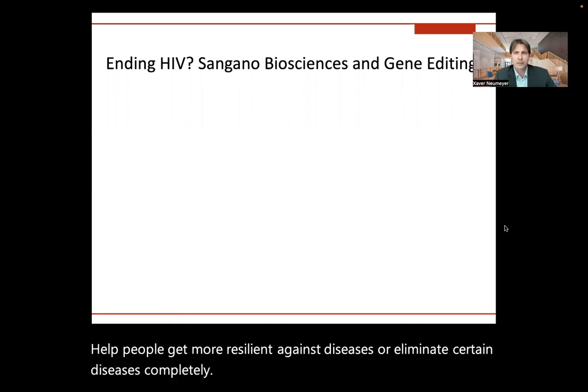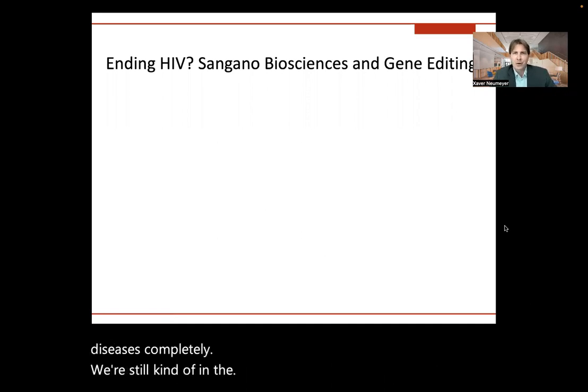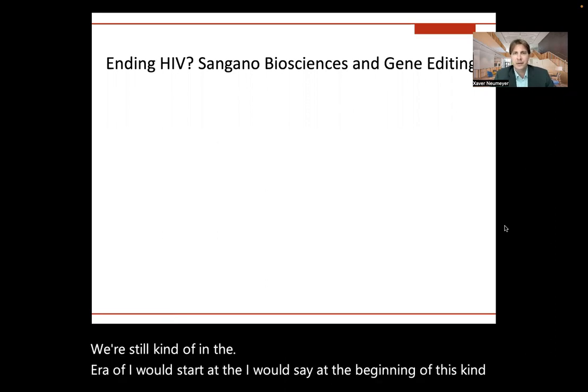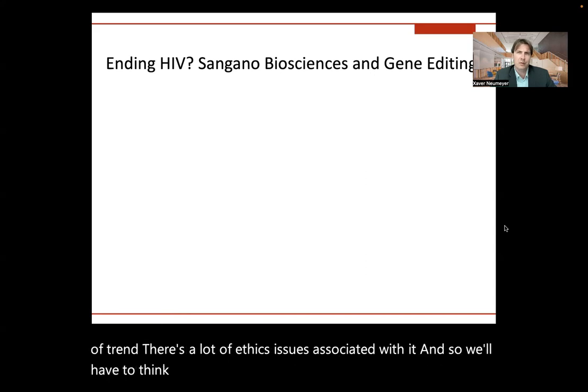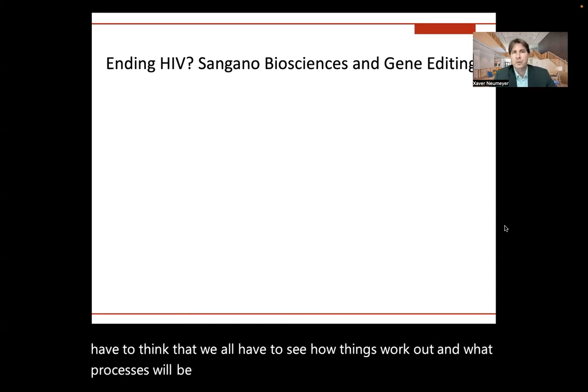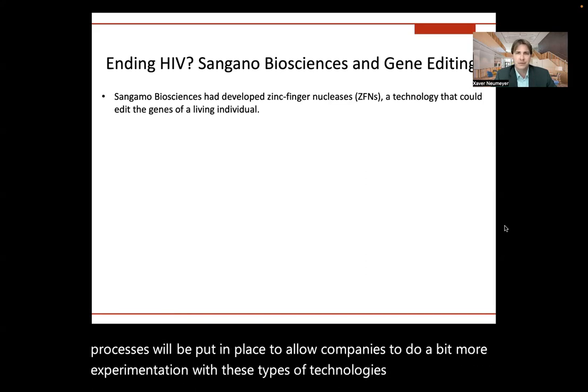We're still at the beginning of this kind of trend. There's a lot of ethics issues associated with it. And so we'll have to see how things work out and what processes will be put in place to allow companies to do a bit more experimentation with these types of technologies without making things unsafe for people.